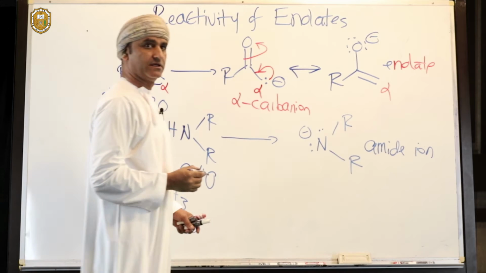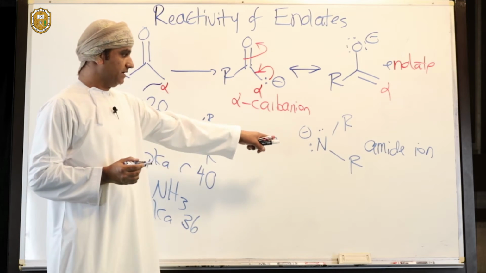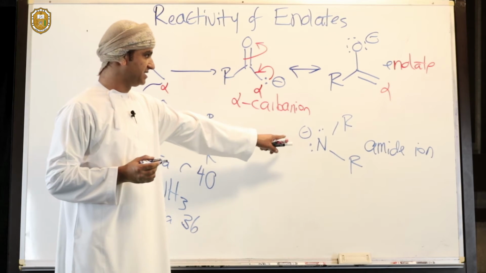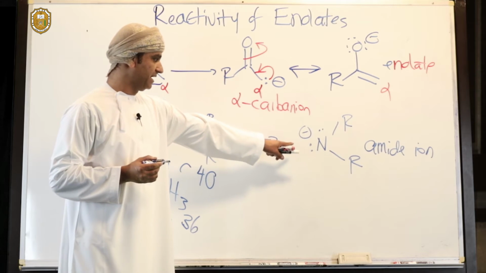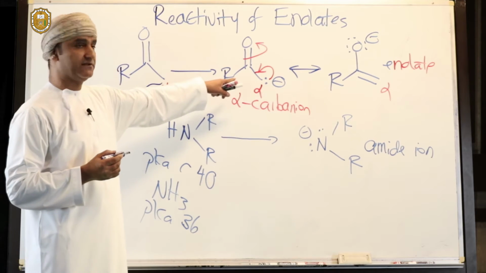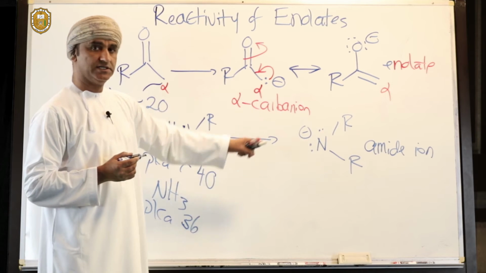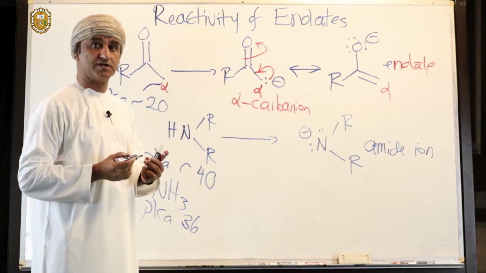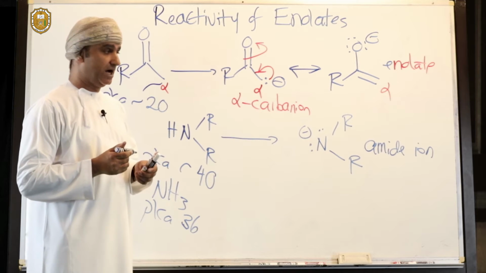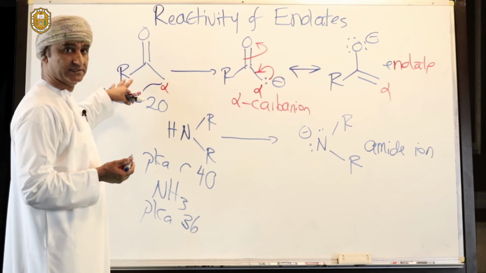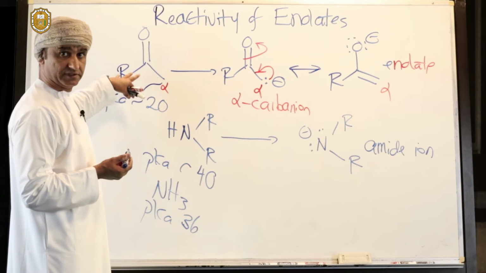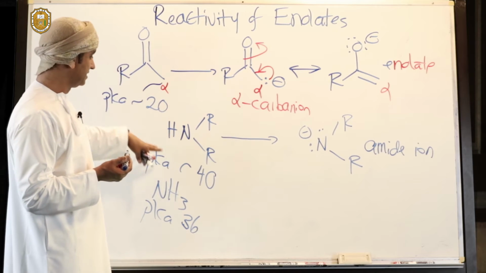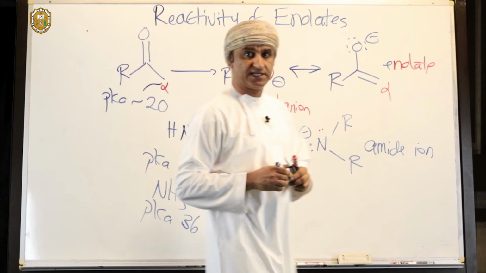Now, if you compare the basicity of this amide ion with the basicity of the alpha carbonyl or the enolate, you would find out that the amide ion is actually a much stronger base. This suggests that we have the ketone, whose pKa is 20, and the amine, whose pKa is 40.